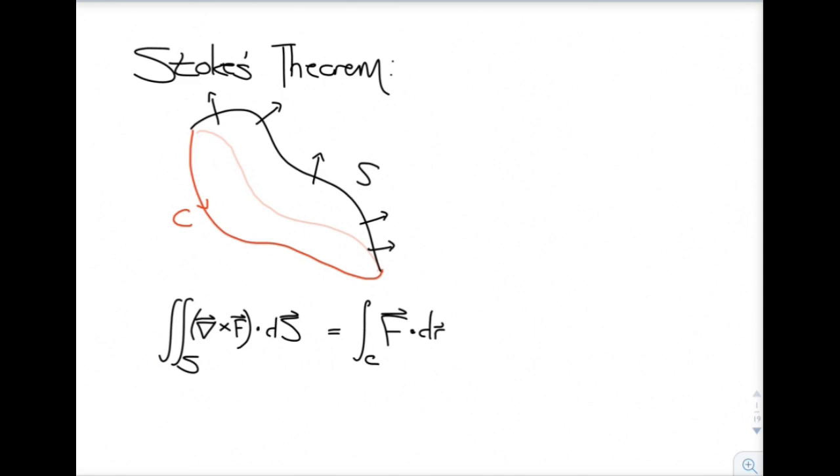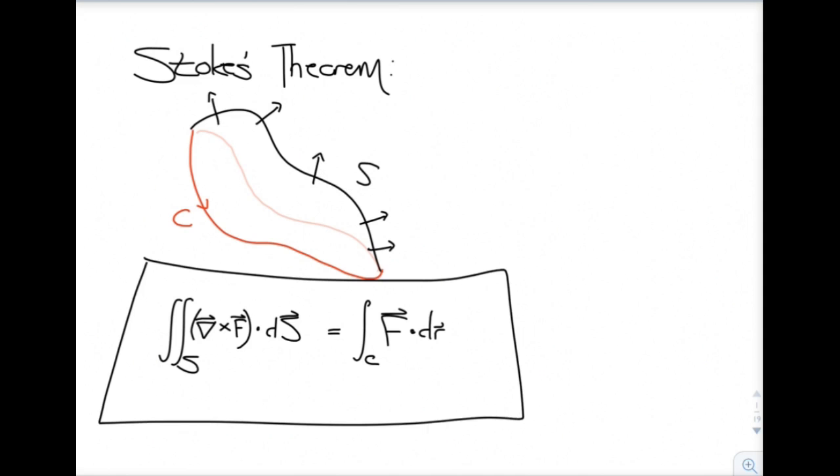If they are compatible, then Stokes' theorem applies, which is the equality between two different kinds of integrals. This one I've written here on the left is the surface integral, which is the flux of the curl of f on the surface S. And this one on the right is the line integral of f around the closed curve C. Stokes' theorem says that these two integrals are the same.